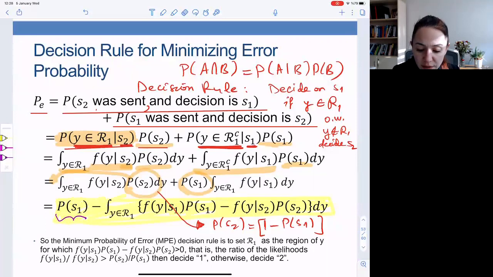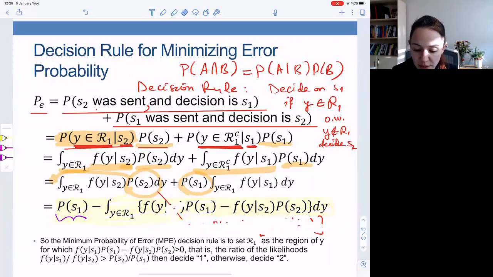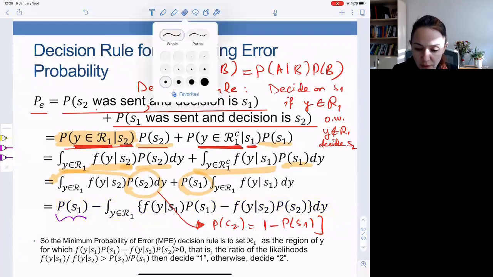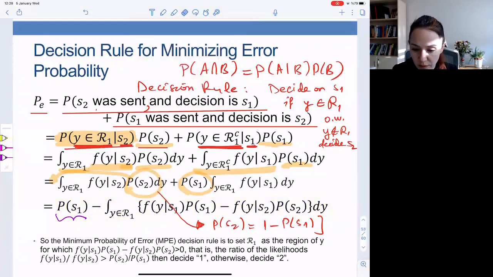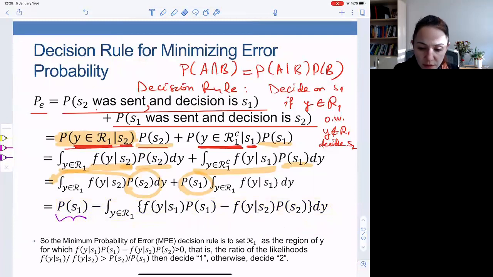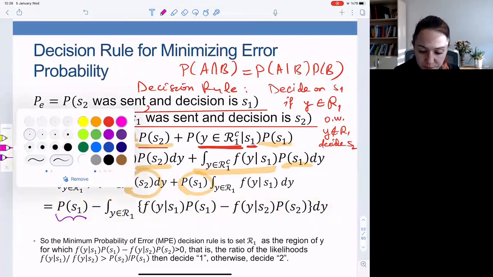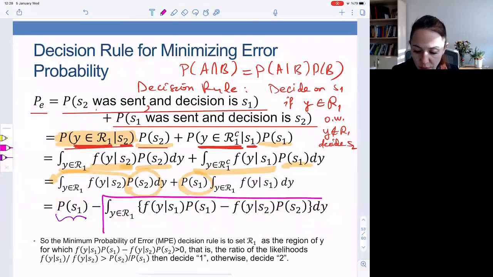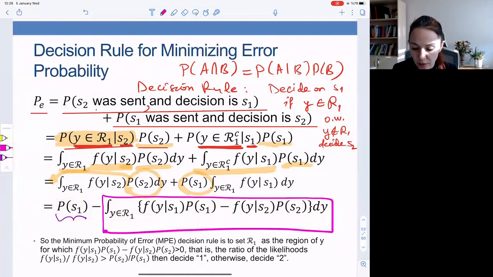What we can optimize to minimize the error probability is this part right here. We need to minimize this. How do we minimize this?